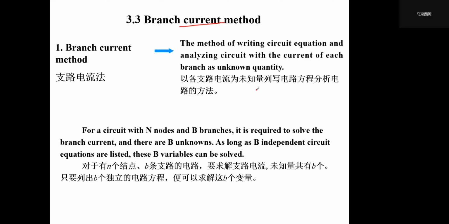So if we have a circuit of n nodes and B branches, and if we want to solve for the branch currents, there must be B branch currents. So the number of unknown variables is B. So we have to list B independent circuit equations to solve these unknown variables.